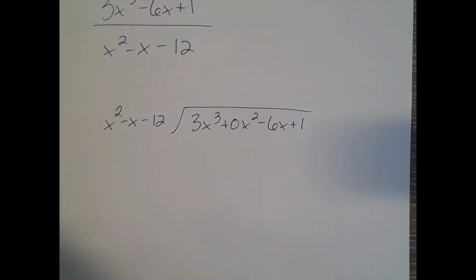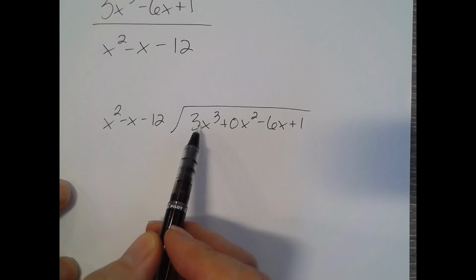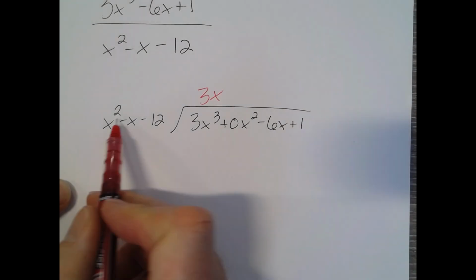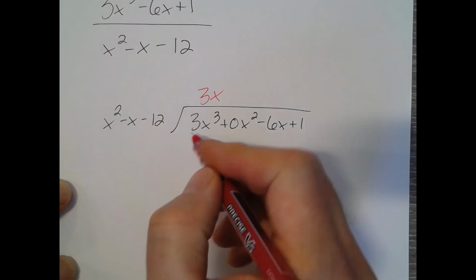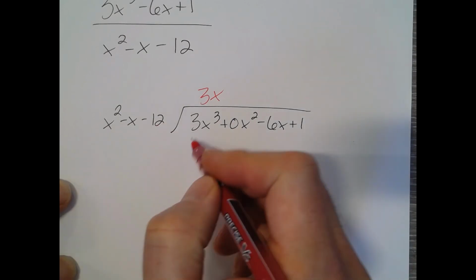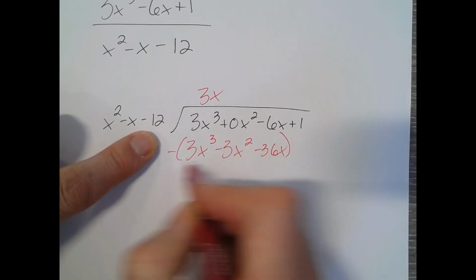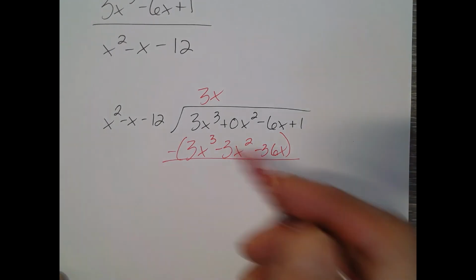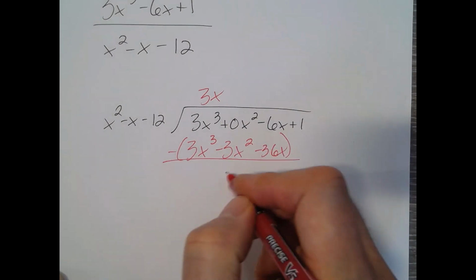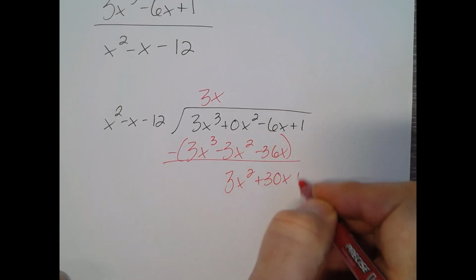All right. So x squared goes into 3x cubed, 3x times x cubed, 3x cubed, minus 3x squared, minus 36x. That's gone, plus so 3x squared, plus so that's 30x, plus 1.